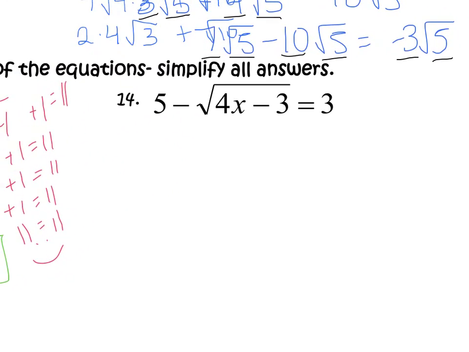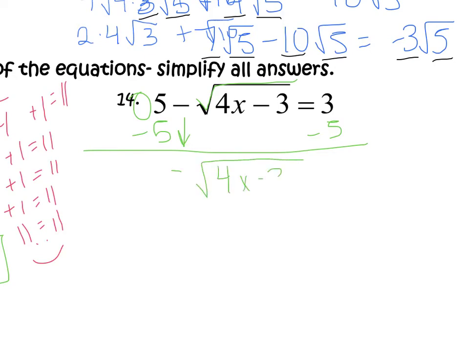Alright, next. I need this radical right here by itself. So I'm going to subtract 5 because this 5 doesn't have a negative in front of it. It's positive. Subtract 5. Then this negative comes with square root 4x minus 3 equals a negative 2. Now in order to get rid of a negative in the front, it's being multiplied, so why don't we just divide by it?